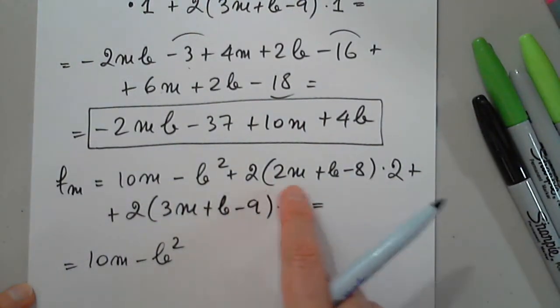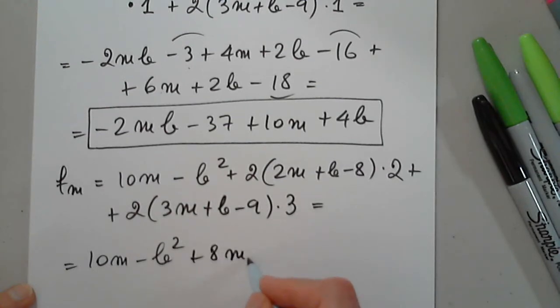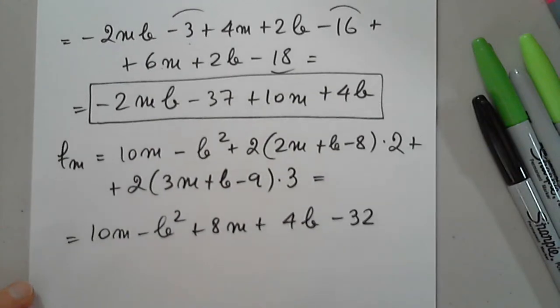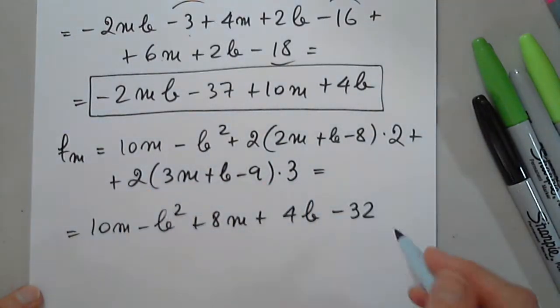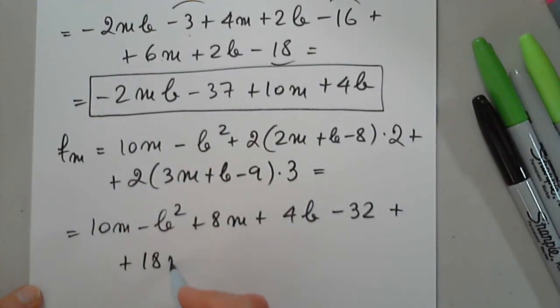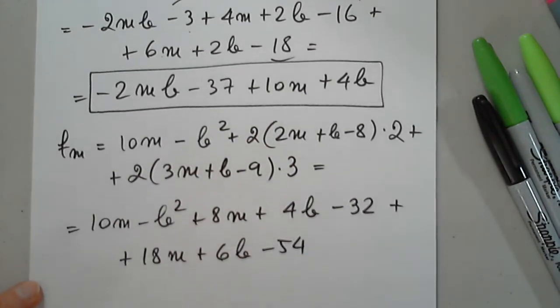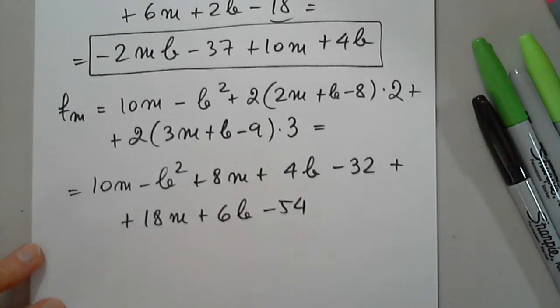This is, I'm multiplying by 4, plus 8m plus 4b and minus 32. And now I'm multiplying by 6, plus 18m plus 6b minus 54. Okay, so I only have negative b squared.